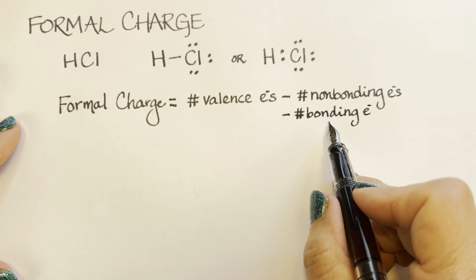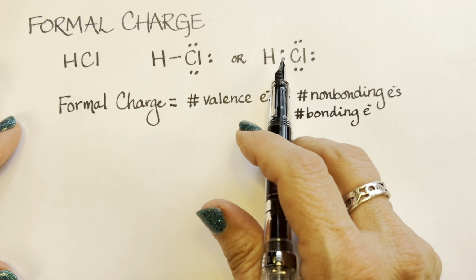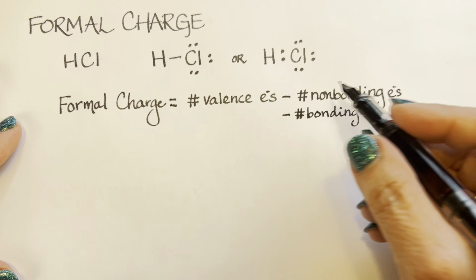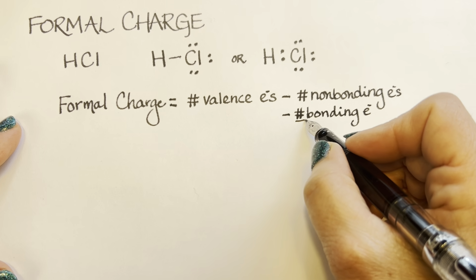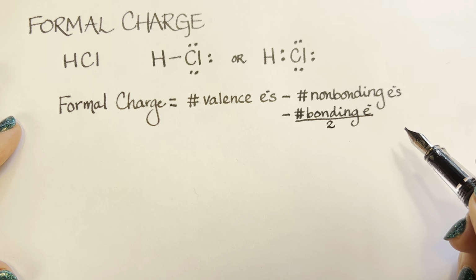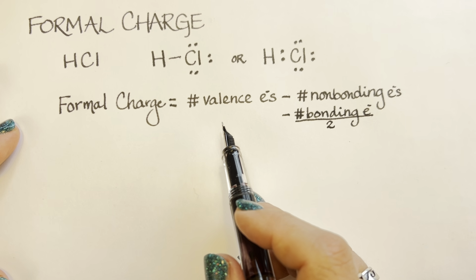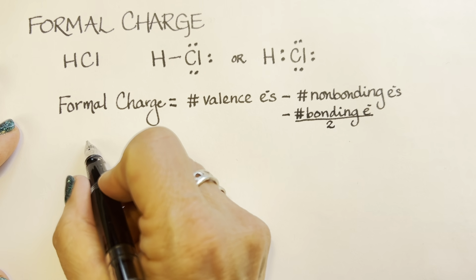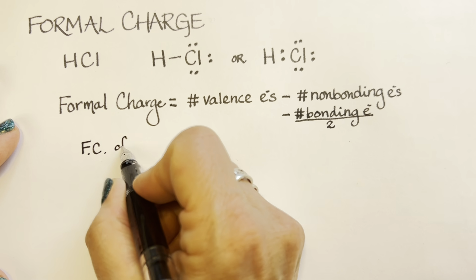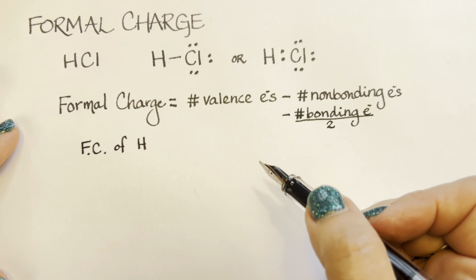But because these are shared, such as these 2 electrons shared between the hydrogen and the chlorine, we're going to divide that by 2. Okay, so let's do this first for, we'll call it FC, formal charge of hydrogen in our HCl molecule.